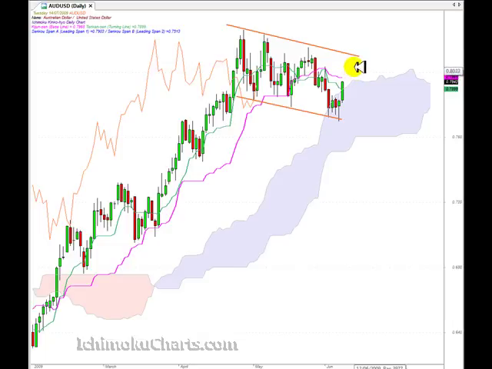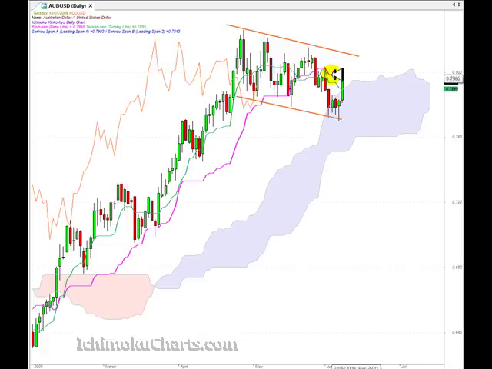And then if it does, we have a natural target with this trend channel again. So the market will naturally trade down to this trend channel. The only thing that will stop that is if the first time frame trend does develop up, then the market may be halted by the top of the cloud, the top of the Kumo. So we need to be very careful if the market then does trade up.